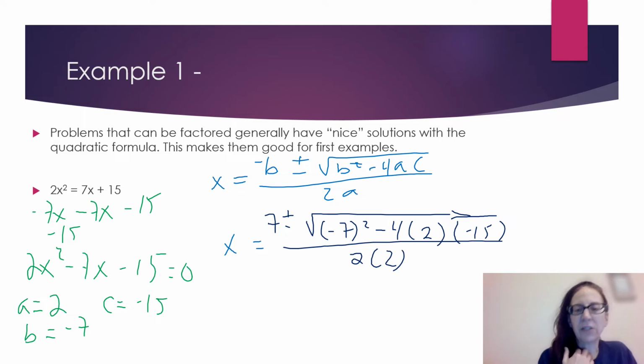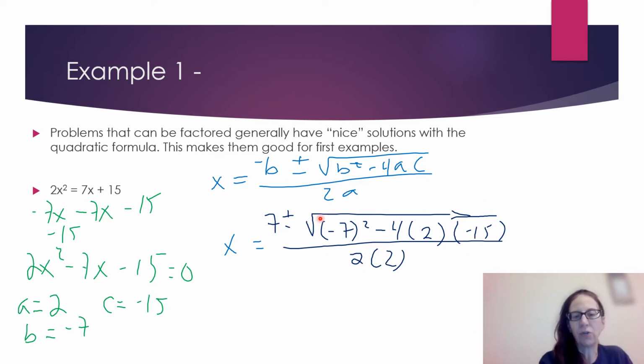Now, practically speaking, sometimes you can do pieces of this in your head. For example, if you know that -7 squared is 49, you might just opt to skip right to the 49. If you know 2 times 2 is 4, you might just opt to write the 4 there. Typically, if I'm grading or evaluating any of your work on the quadratic formula, I want to see this, though.